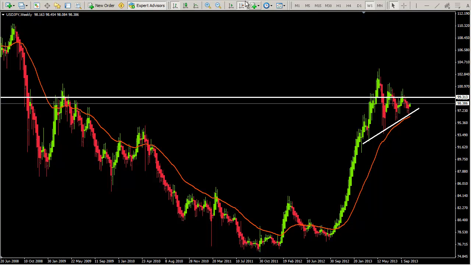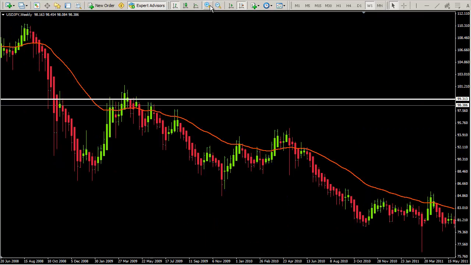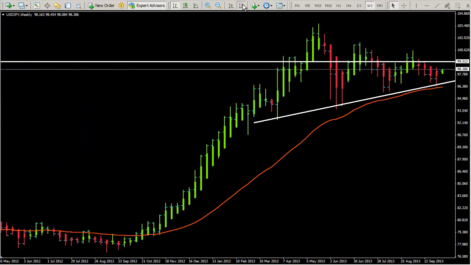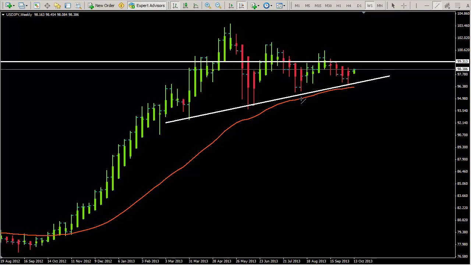So right now, if I zoom in again, what do we have? Major support, a wedge. We figured out that that is a range. We also have a trend line here, and that is our wedge, and we have horizontal resistance close again to this line.